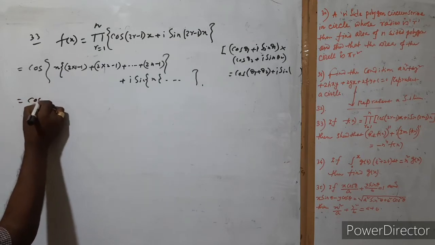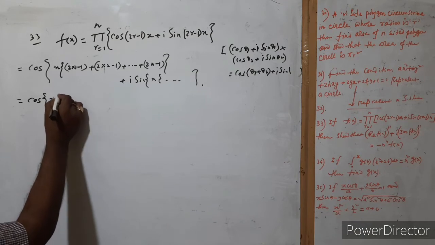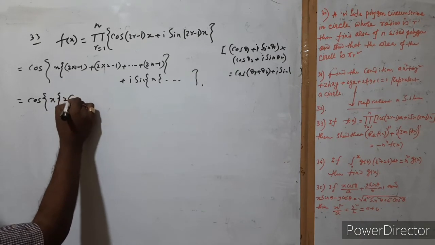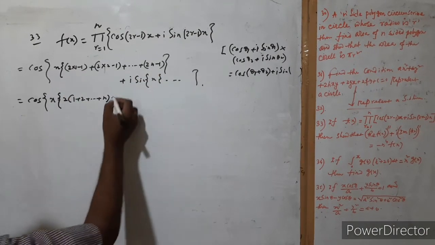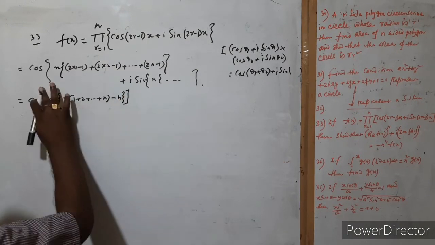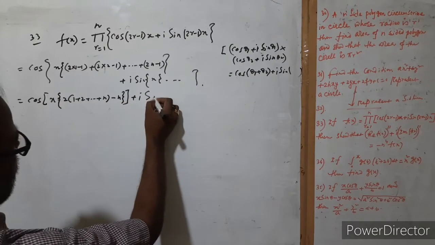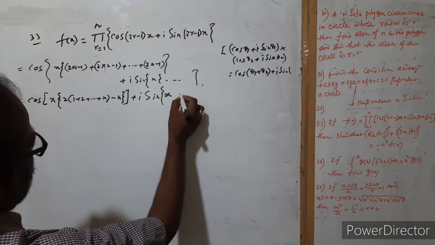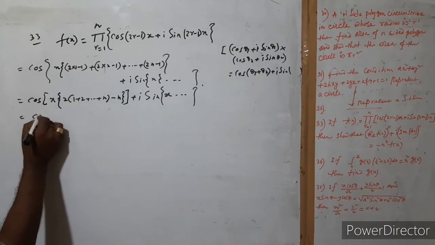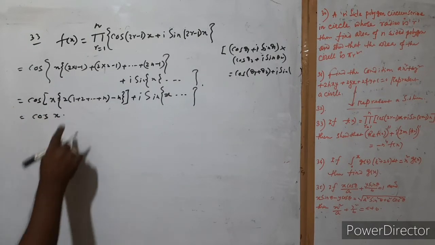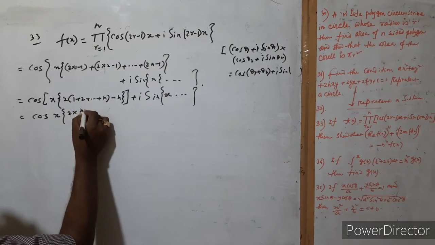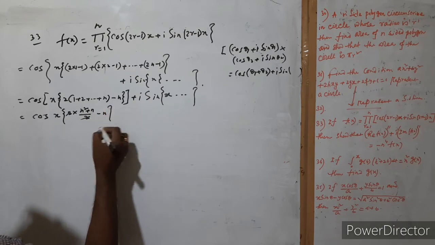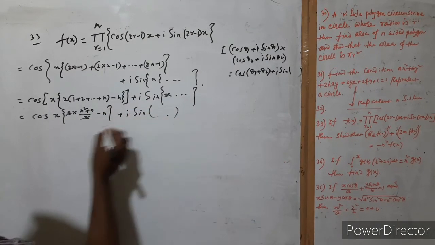Now this is cos x into 2(1 + 2 + 3 + ... + n) minus n, and this sum is n(n+1)/2. So cos of x into (n(n+1) − n), plus i sine of that.